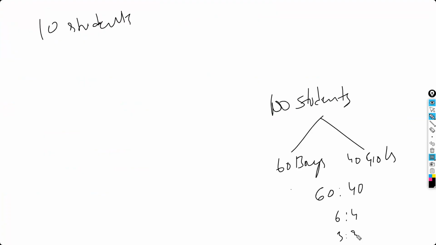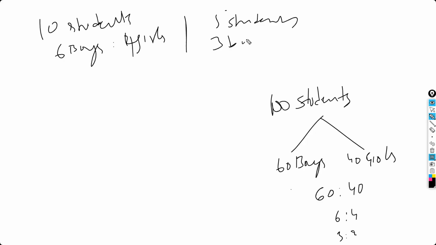Now, in the same ratio, in this random sampling also, I'm going to maintain 3 is to 2. That is, I'm going to select 6 boys and 4 girls. Or if I'm selecting only 5 students, I'm going to select 3 boys, 2 girls.